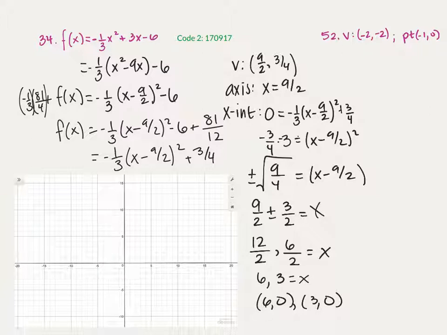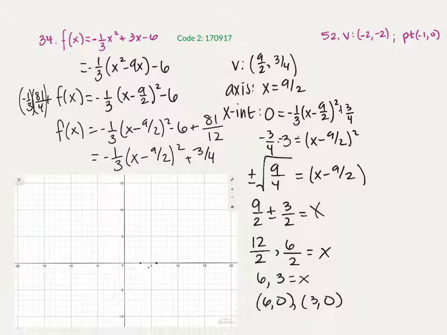So now let's graph. We're going to plot our vertex. That's 9/2, 3/4. So that's going to be 1, 2, 3, 4.5. So 3/4 of the way up. So right there. And then my intercepts are going to be 6, 0 and 3, 0.